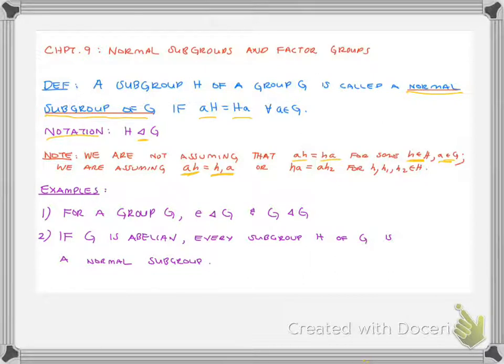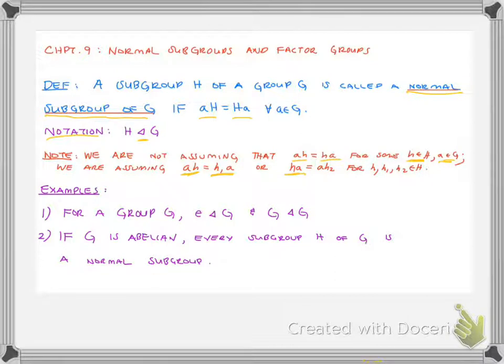It doesn't have to be the same element. Or if we're looking at the right coset, it could equal ah2. An example will help if that's not clear.